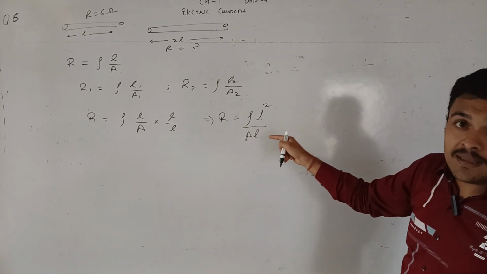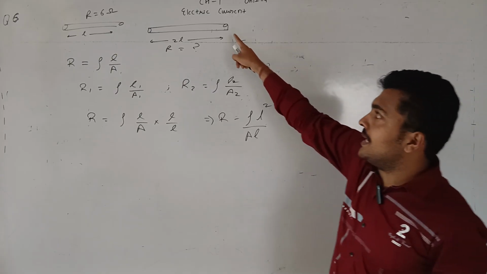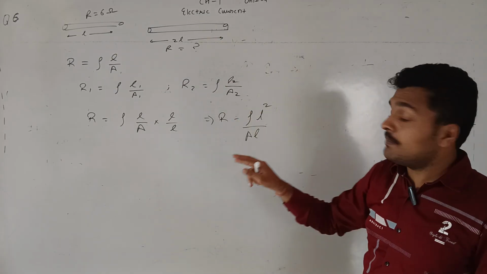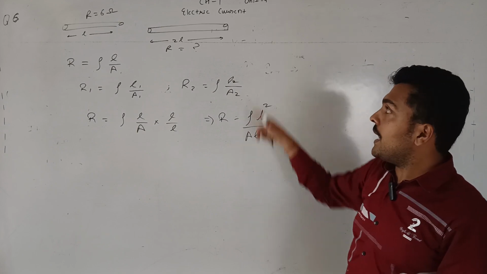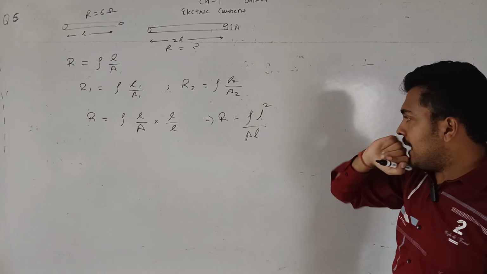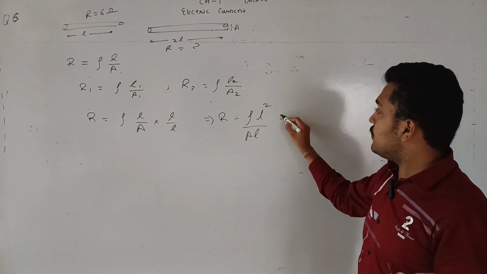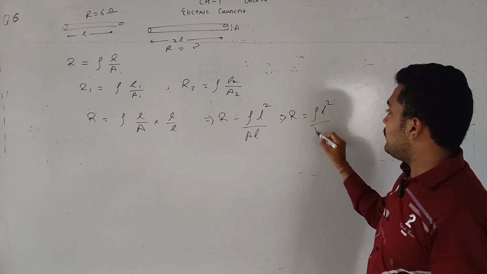Area into length is the volume of a cylinder. The wire is cylindrical in shape, where A is the area of cross section and L is the length of the wire. Therefore R comes out to be rho L squared divided by V.